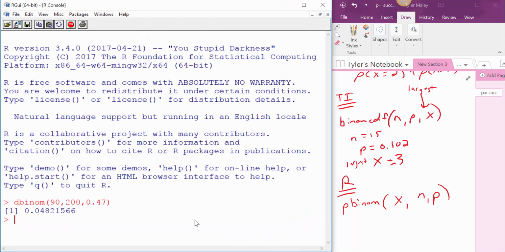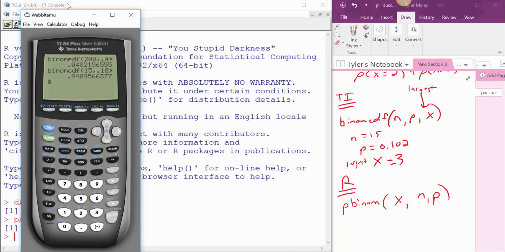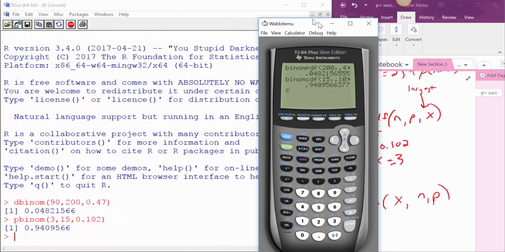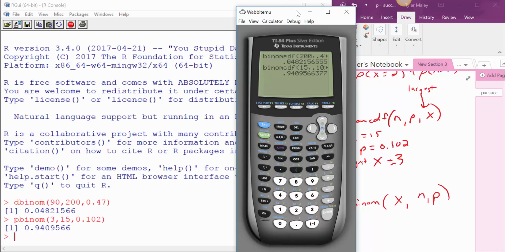To find this, we would type in pbinom, and then the largest x value is 3, and then n is 15, and then p is 0.102. And then we get the 0.94 as in the graphing calculator, right? So if we compare, we get the same, right?